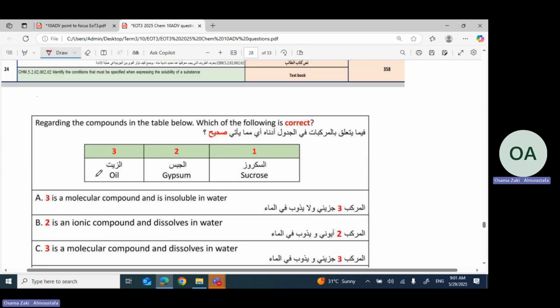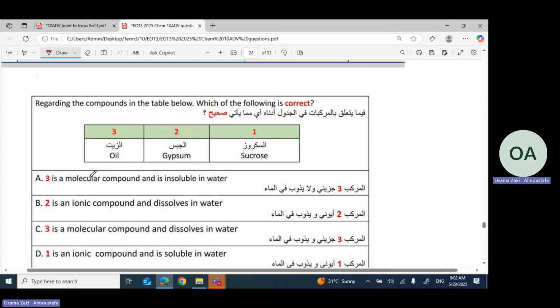Regarding the compounds, try to remember that you have ionic and you have molecular. Ionic compounds: you have NaCl, which is table salt, and you have gypsum.